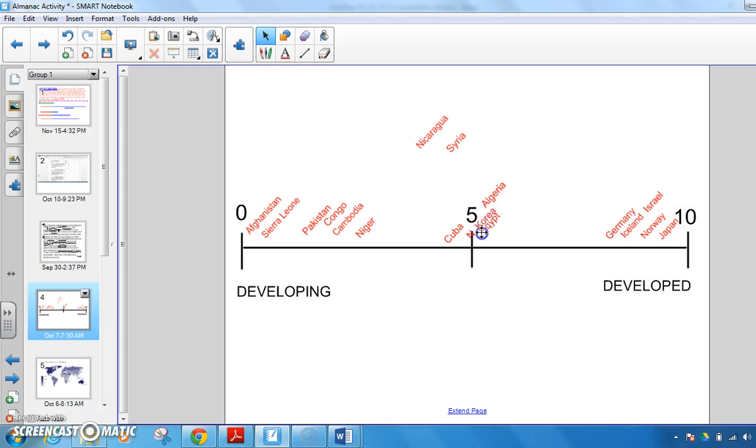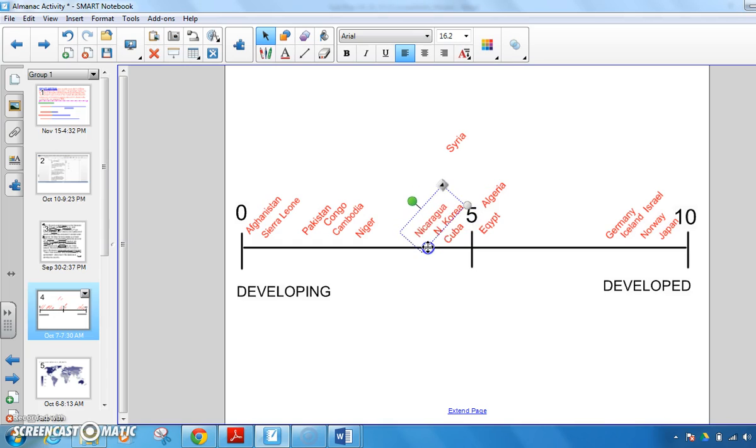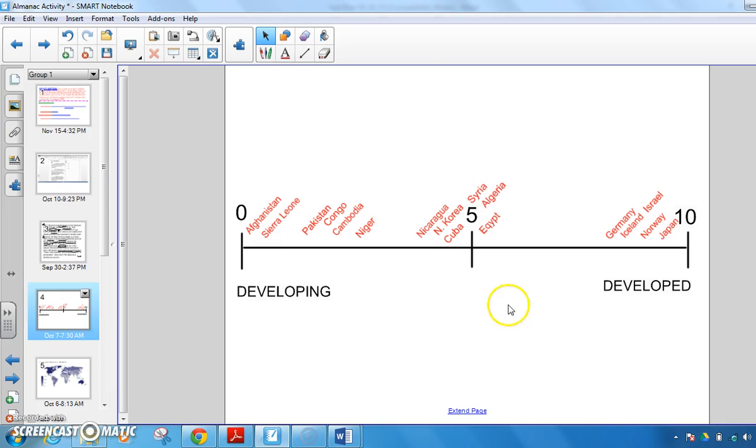We labeled the fact that it was developing, but it's definitely not a 0. So it might be in this in-between range. Or those of you that got Nicaragua could probably put it in that in-between range. I would probably put it at more of a 4, whereas Syria, I might put it directly as maybe like a 5.1. And so notice that there's spectrums of where these are grouped in.